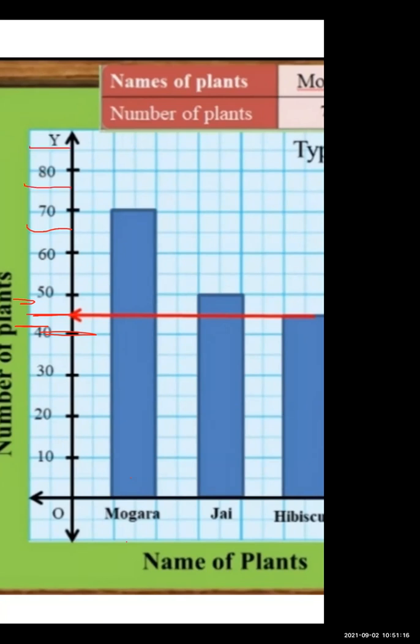There is a difference of 5. Here there is 40, and after 40 directly 50, 45 is not given. So you will count the faint lines, each of which is 5. If you have a bar graph, you can count the lines and through this you will make a line.